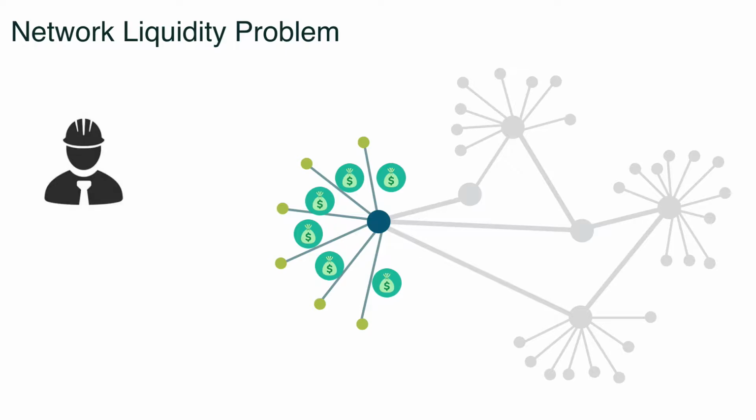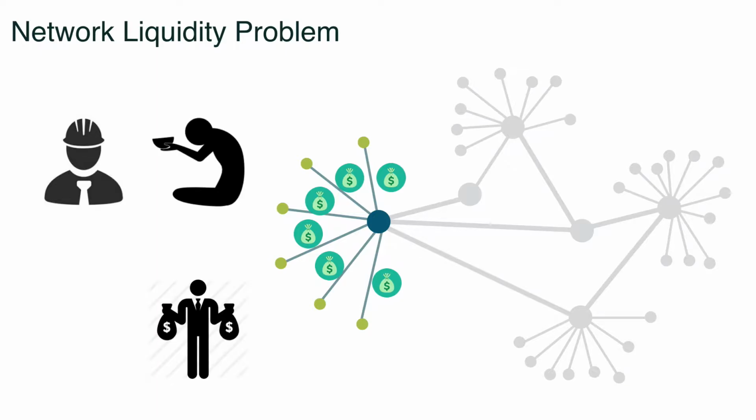Now, the problem is that there are many engineering-capable people that can run this kind of service provider, but they don't have the money. And there is a lot of idle liquidity in this ecosystem, but the holders don't have the engineering power or the business interest to run them. So there's a mismatch.